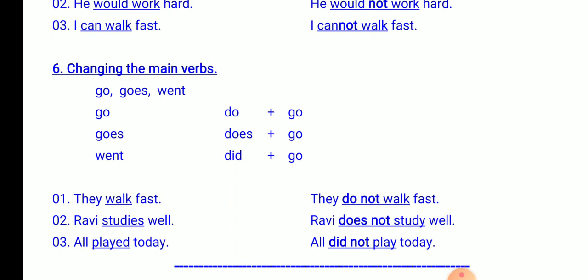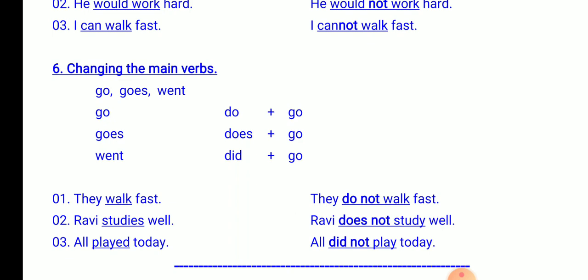Look at the examples I have given for the main verbs. There are 3 verbs, go, goes, went. Here, go and goes are in the simple present tense and went is in the simple past tense.